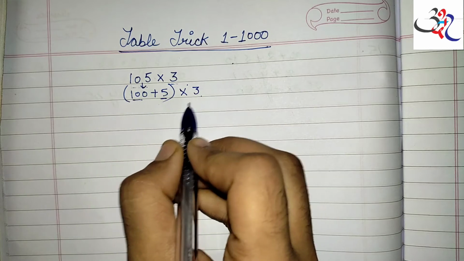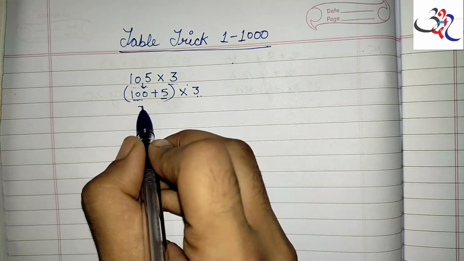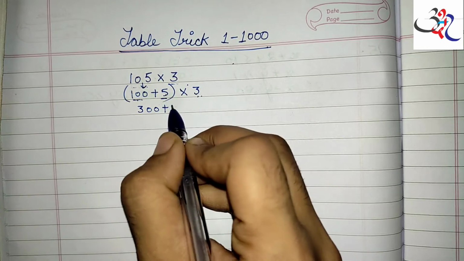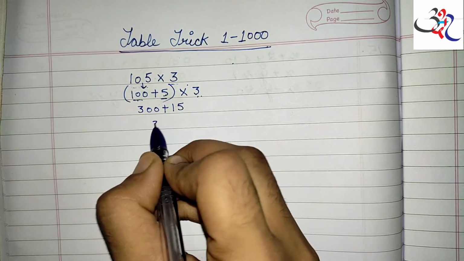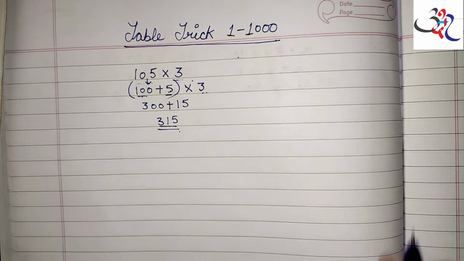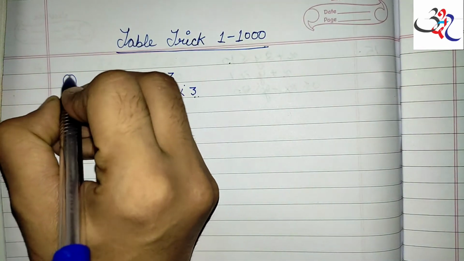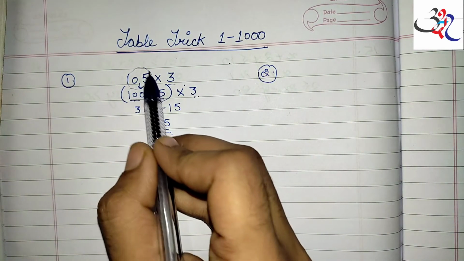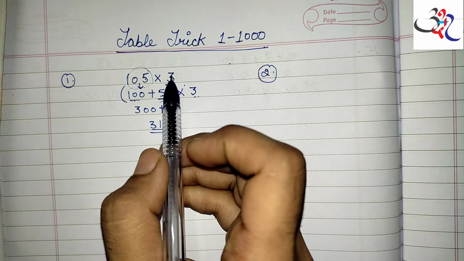So what now we can do, that 100 into 3, it will be 300, plus 5 into 3, it will be 15. So my answer will be equal to 315.